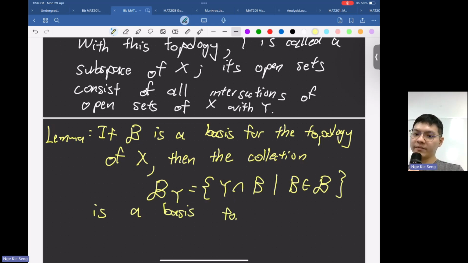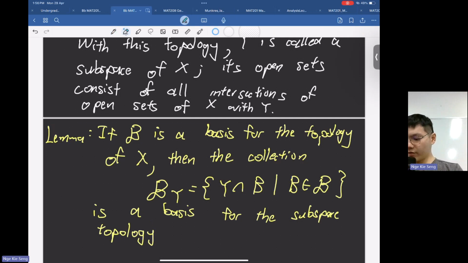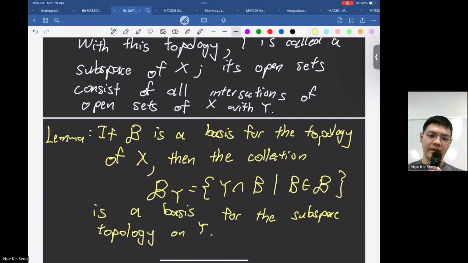You try and prove it. I think it's quite intuitive, right? You just take the basis element from the original set and intersect with Y, and this should generate the basis downstairs. But to show this is true, you need to prove it from the definition.